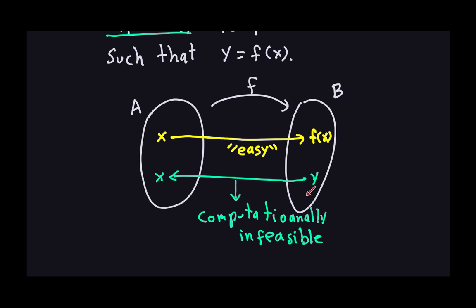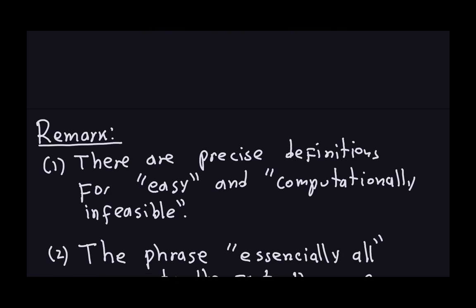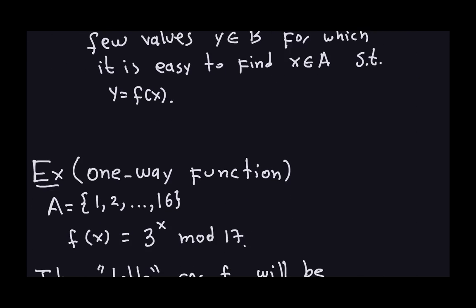For most of them it is. So there might be cases where you can give me something here in the output and I can easily tell you where it comes from. So essentially all basically means what you think it means. For essentially all of them it is computationally infeasible to do that. But there could be some cases where I can easily find the x that goes into y. So that's fine.